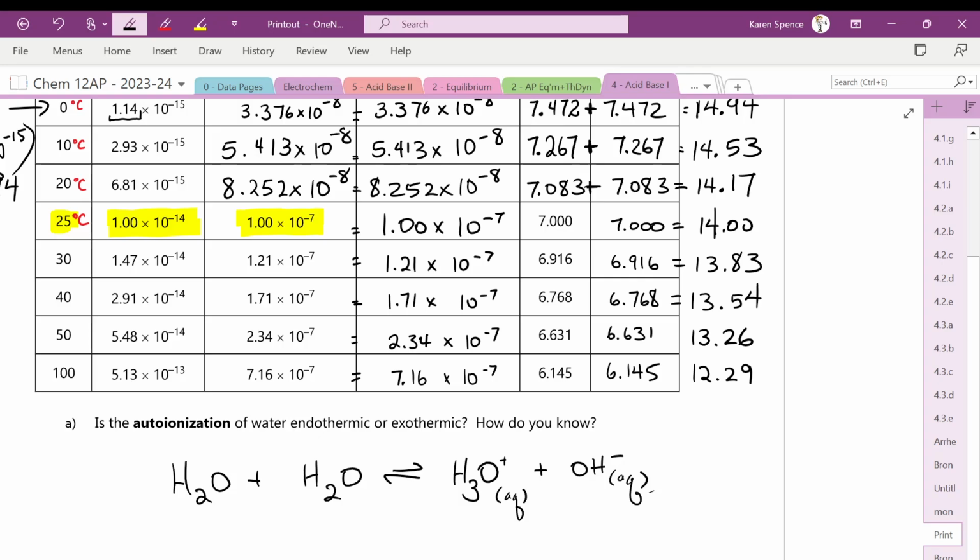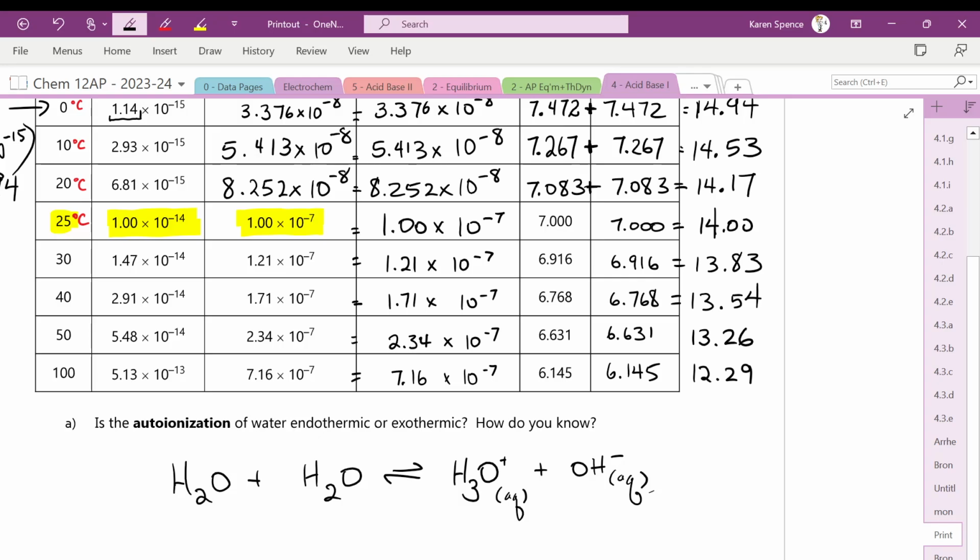And that means the reaction. So folks, what I'd like you to do is, if you can figure out if it's endothermic or exothermic, I would like you to try and write a coherent, clear explanation, because you need practice writing coherent, clear explanations.